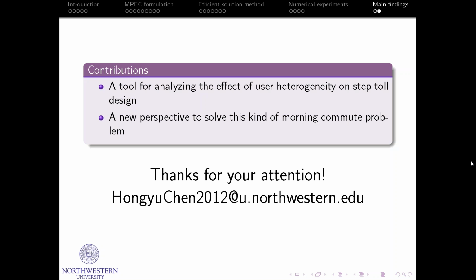Okay, so Hongyu, I may just start something while others are still composing their questions. So I see you use the linear model to represent the isocost curve. I don't do too much tolling work, so just out of curiosity, could that be nonlinear, or if that is nonlinear, how would that impact your work?